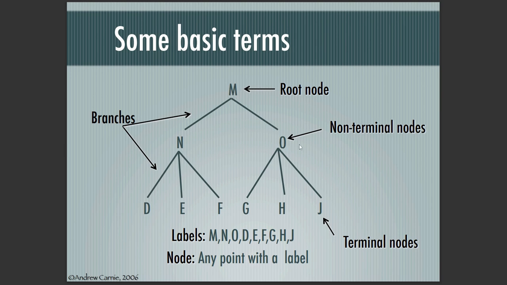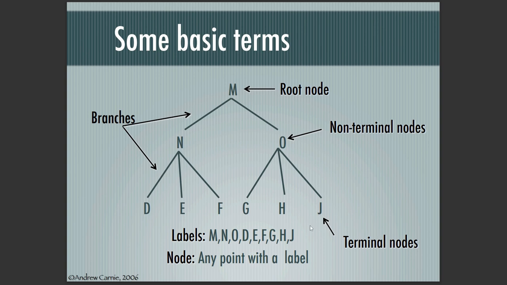G, H, G, F, A, D are all called terminal nodes because they don't have any branches going down from them.